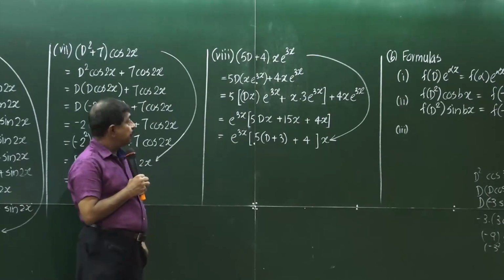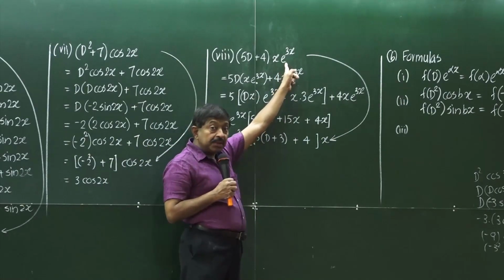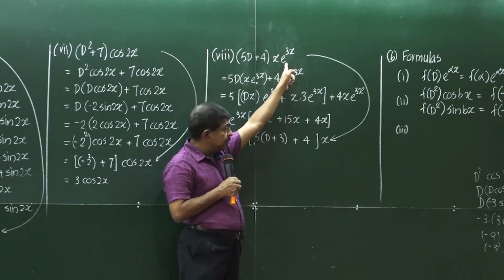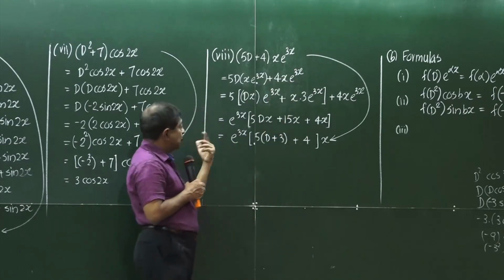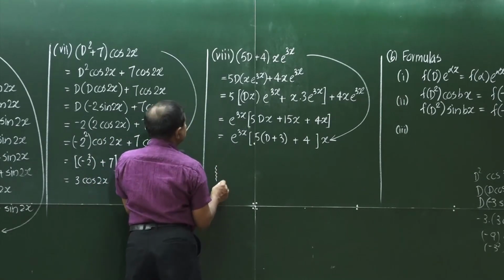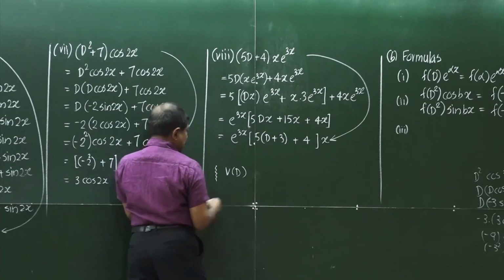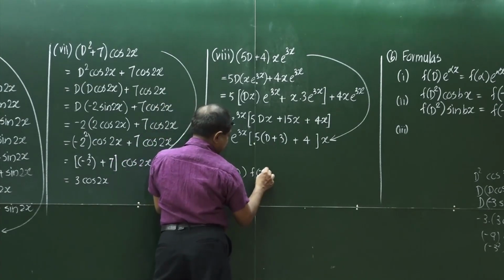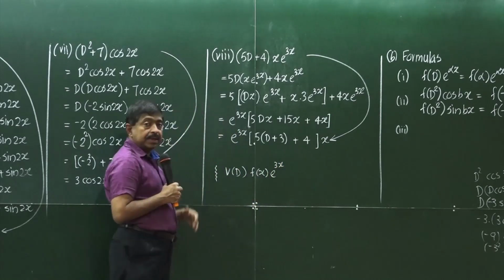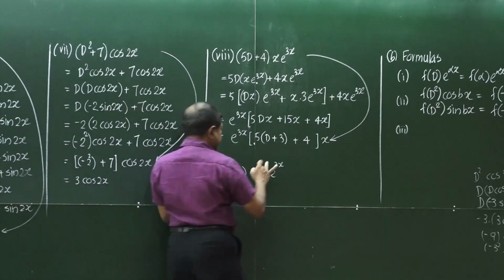Yes, you can jump. Why? This is a product of 2 functions, but one is an exponential function, e to the power alpha x. So if you have that, you pull out e to the power alpha x. This is the formula. Say you have any function of D. You have any function of x. For the sake of simplicity, I took x. You can take any other function if you want to. Oh, sorry, not 3x.